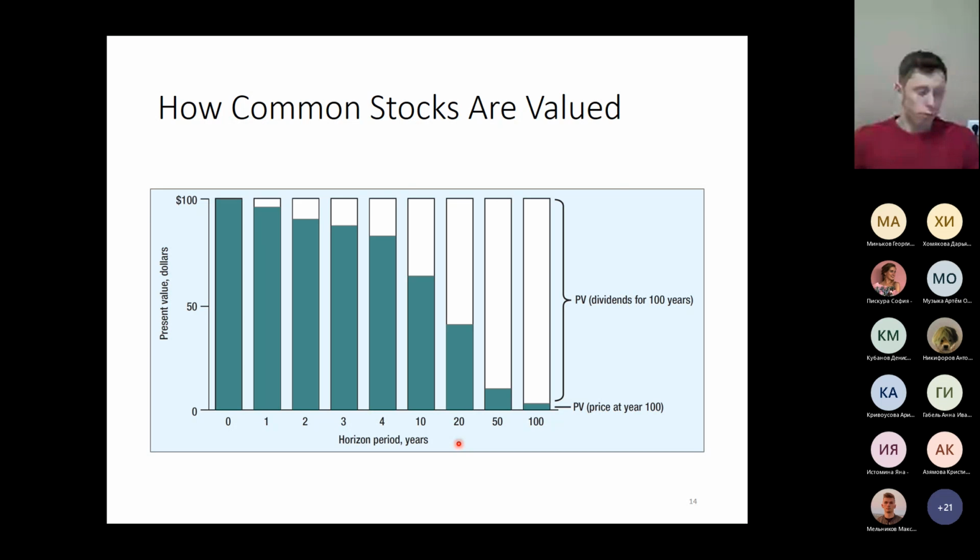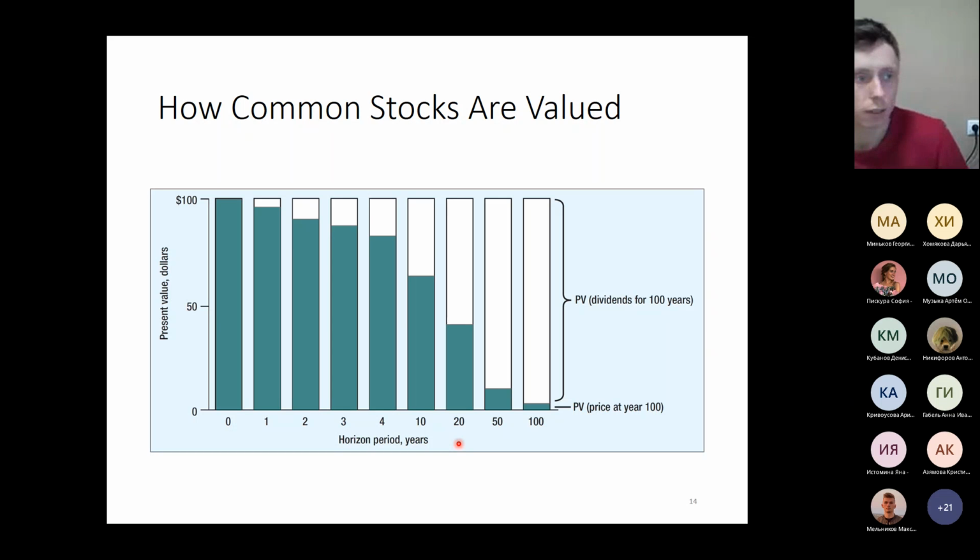Maybe you remember from the first lecture that one of the assumptions when talking about the corporation is the infinite life of firms. Firms do not have any horizon till which they are going to operate.